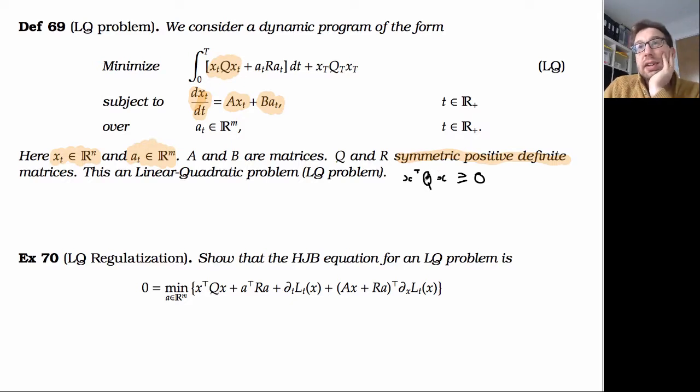Symmetric means that if I take the transpose of the matrix, I end up with the matrix itself again. These sorts of matrices are what we use for distances. If we use the identity matrix here, we'd end up with the square of the Euclidean distance. So we can think of this symmetric positive definite matrix as giving some idea of distance away from maybe some target.